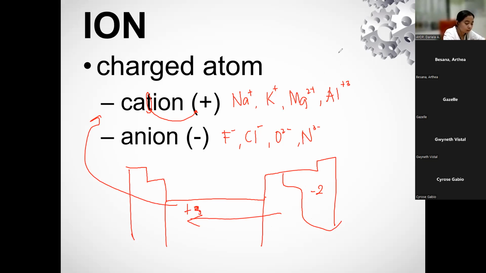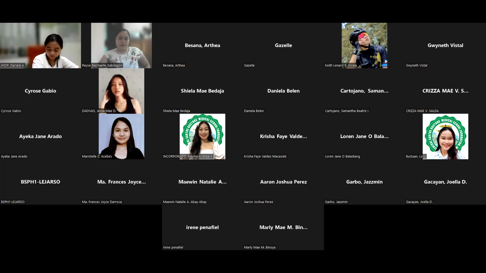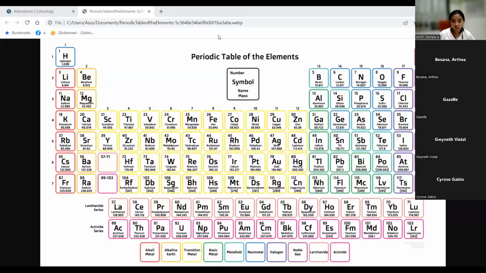Let me check if I have a periodic table here. Let me show it to you so we are clear with our anions and cations. This one. So we have plus here. These are our metals here. They are all metals.